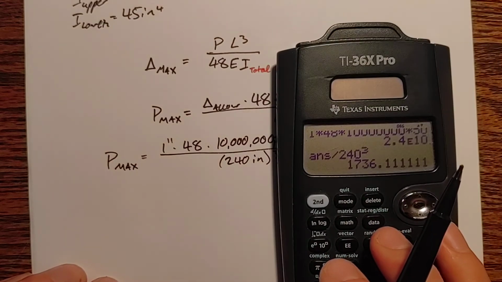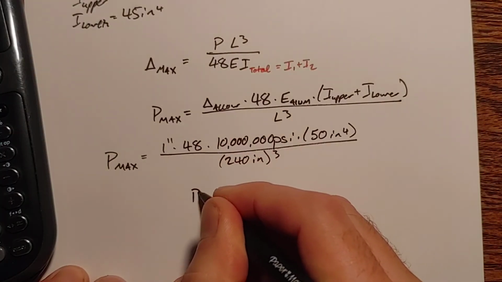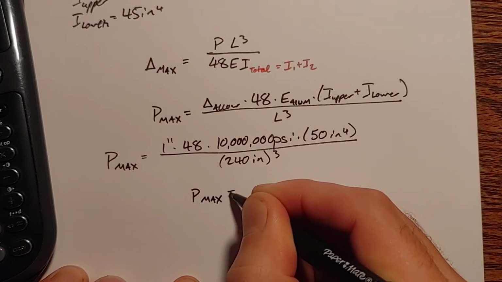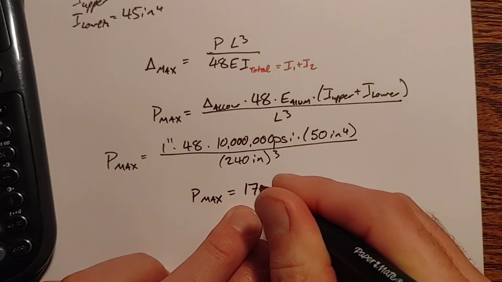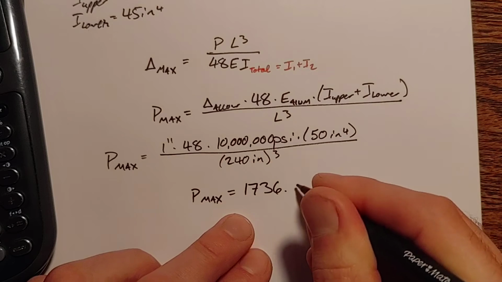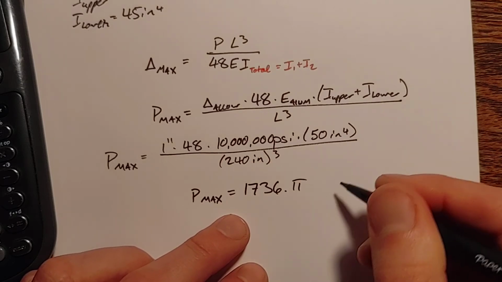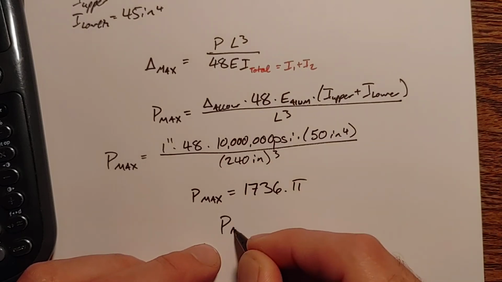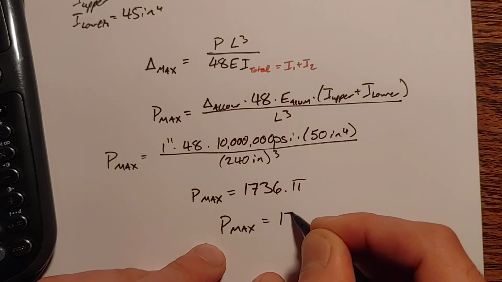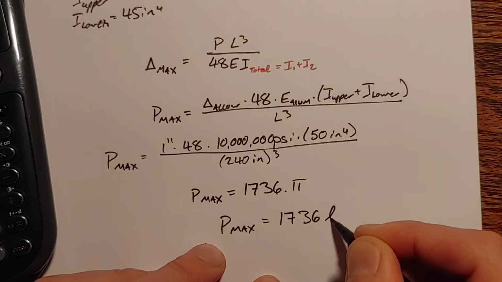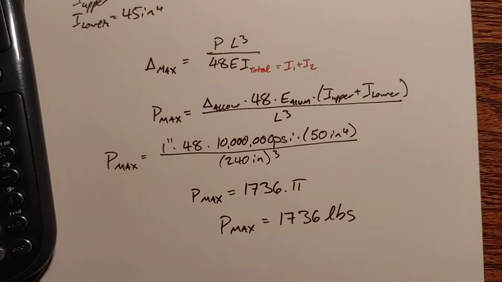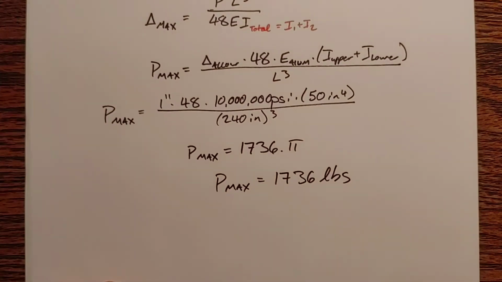So we get an allowable P max is equal to 1736.11, who cares? P max is equal to 1736 pounds. And that would be the full load there.